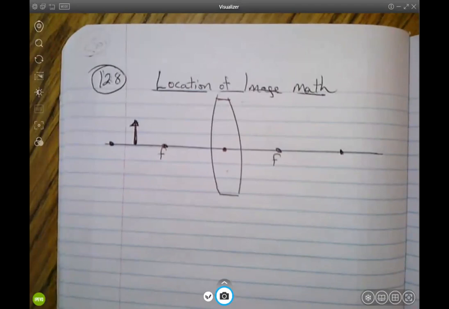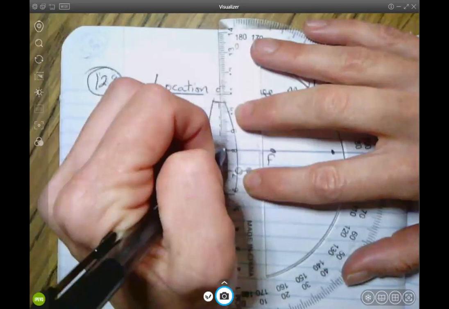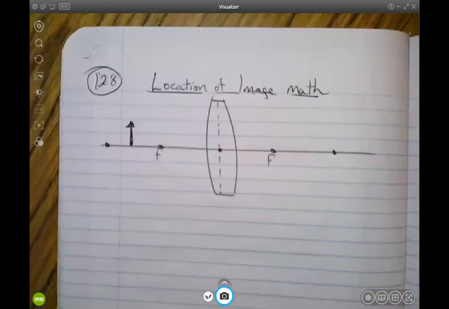So do you guys remember the first step when we draw a ray diagram? What do we do first? Yeah, do a dotted line and bisect the lens. Let me do it real quick. Okay.